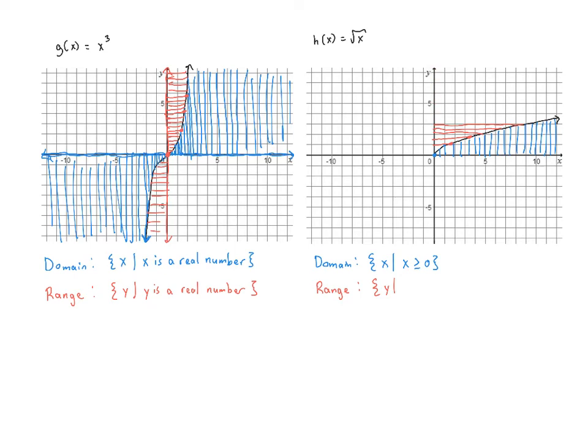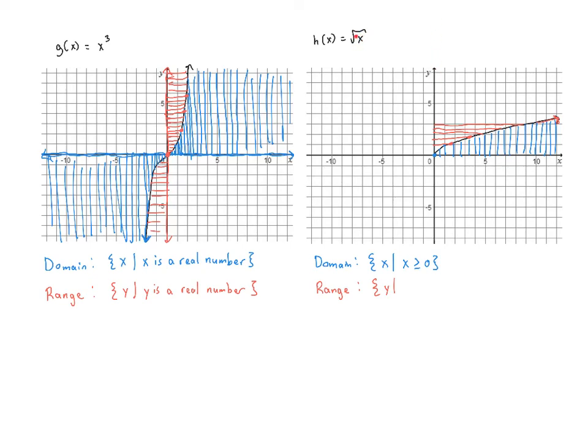Now it's difficult to see this based on the graph. So again, I'm going to cheat a little bit and use what we know about the function. This function is the square root of x. As we pick larger and larger values of x, like x equals 100 and x equals 10,000, we are going to continue to get larger and larger values of y.